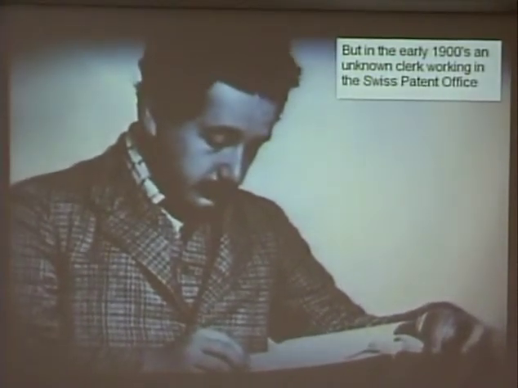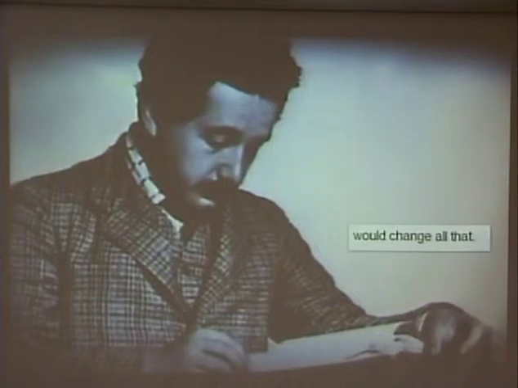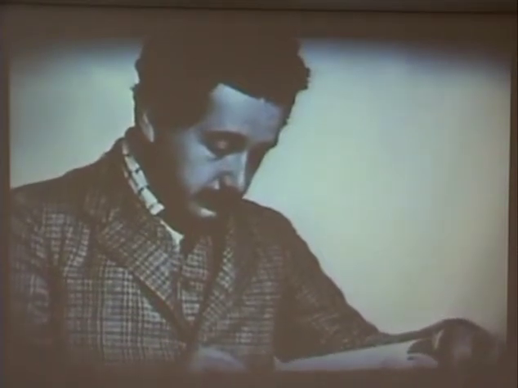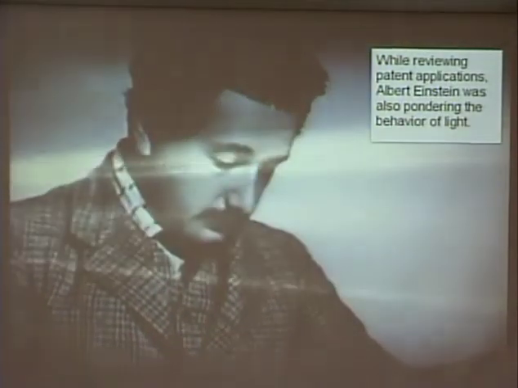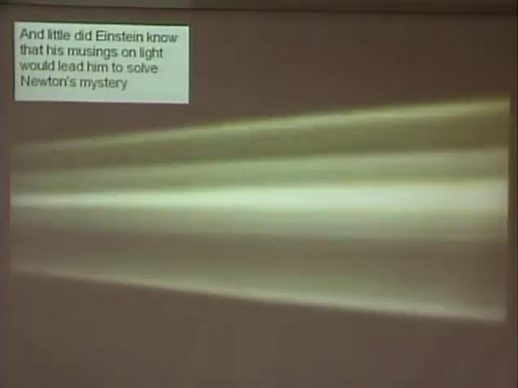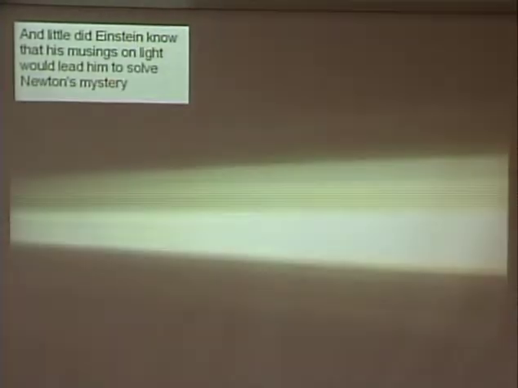50 years later, working in the Swiss patent office would change all that. While reviewing patent applications, Albert Einstein was also pondering the behavior of light. And little did Einstein know that his musings on light would lead him to solve Newton's mystery of what gravity is.